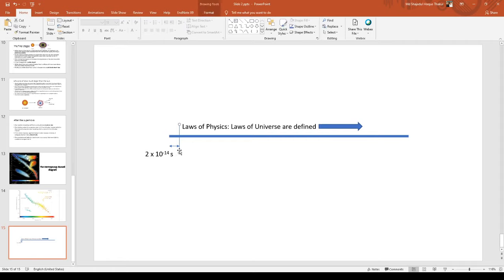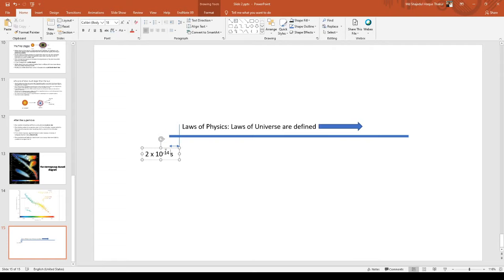But before this point, all of those laws were unified. We know absolutely nothing about this small amount of time. All we know is that just after the point of singularity, the laws of physics are defined and we can explain everything.